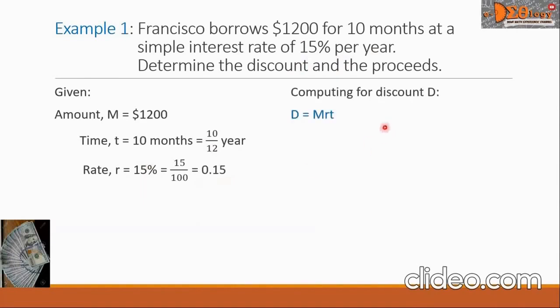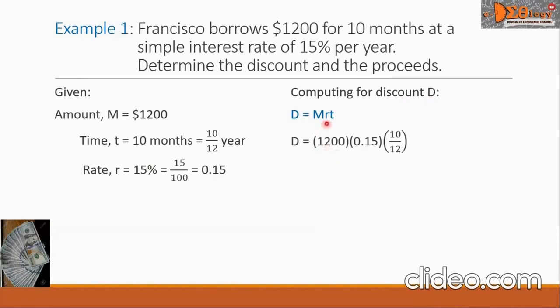Now we are ready for the computation of discount D. Our formula is D equals the product of M times R times T. Doing the substitution now, the M is now changed into 1,200.